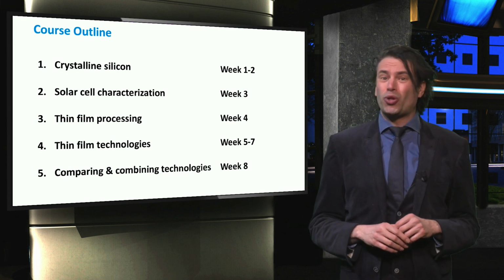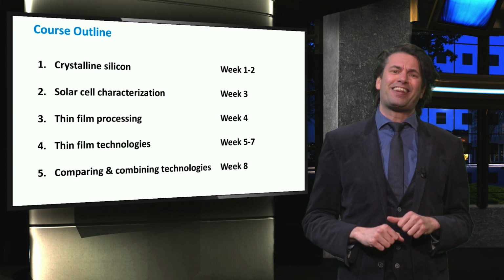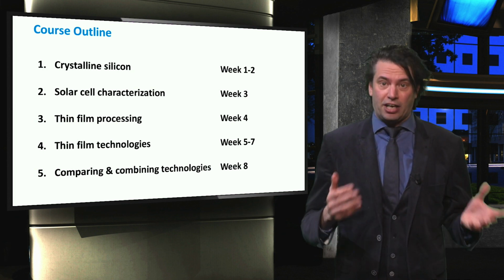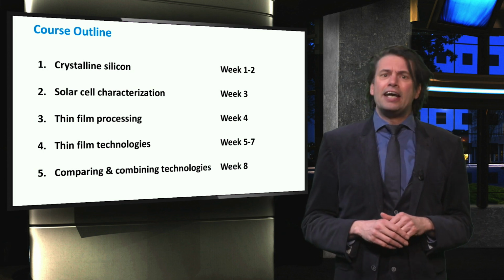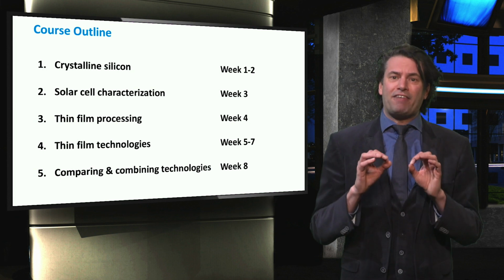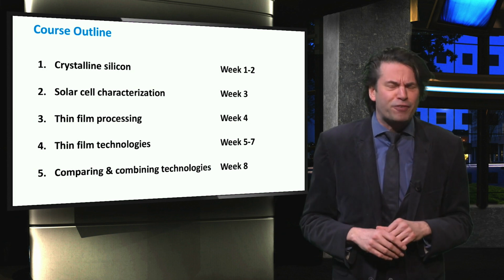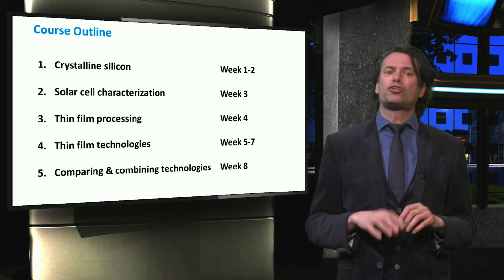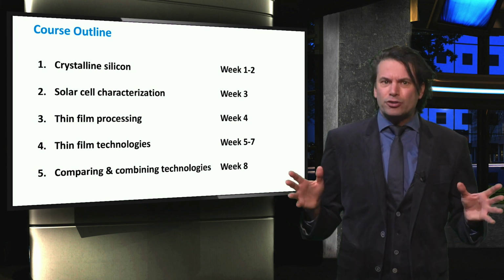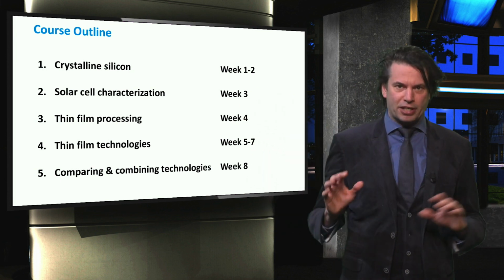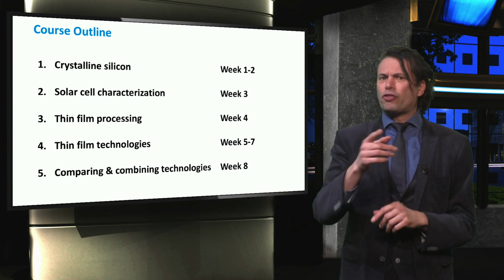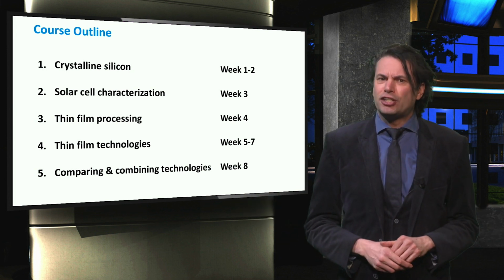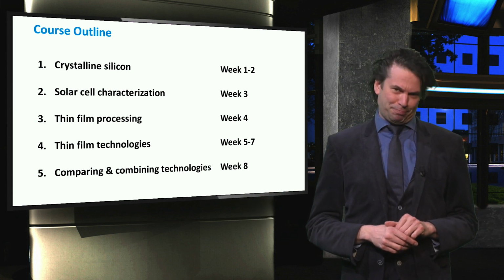Next, we will spend 3 weeks discussing the different thin film technologies themselves. And finally, in week 8, we will look at the advantages and limitations of different technologies and will discuss some hybrid solar cells that combine multiple PV technologies. Let's go through all of these 5 sections in a bit more detail.